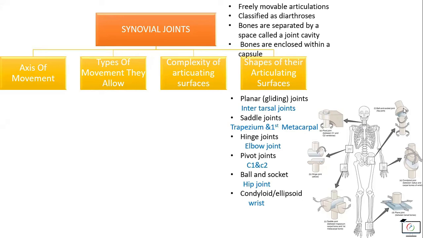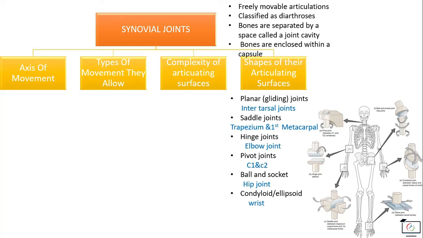The ball and socket joint, as the name indicates, is one in which one articulating surface resembles a ball while the other is socket shaped. The example of the ball and socket joint is the hip joint. In a condyloid or ellipsoid joint, one articulating surface is convex or condyle shaped, while the other is concave or ellipsoid shaped.